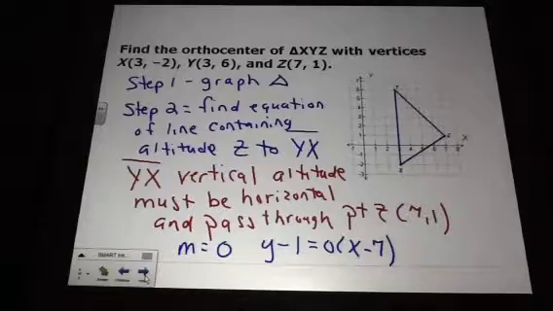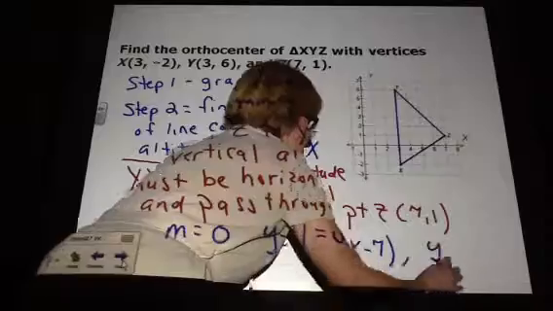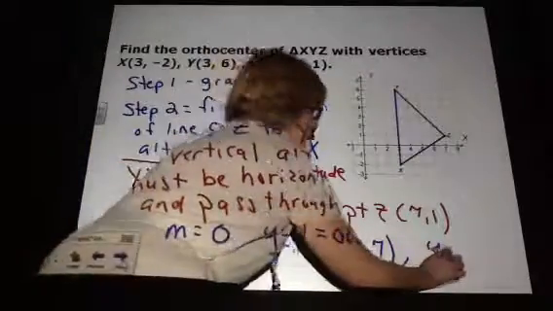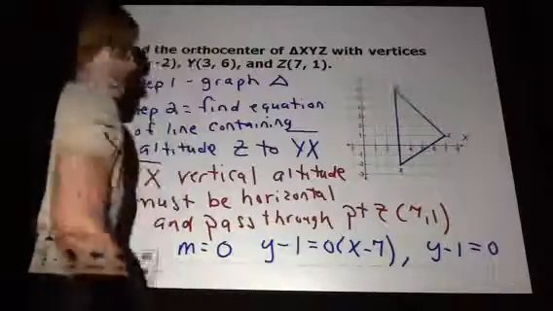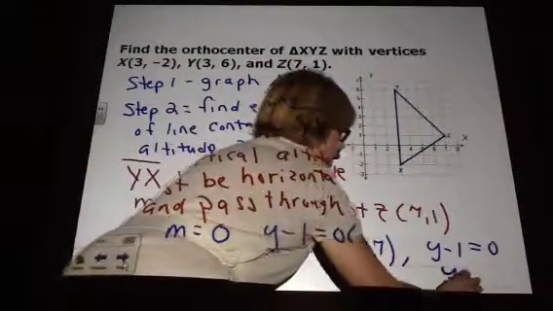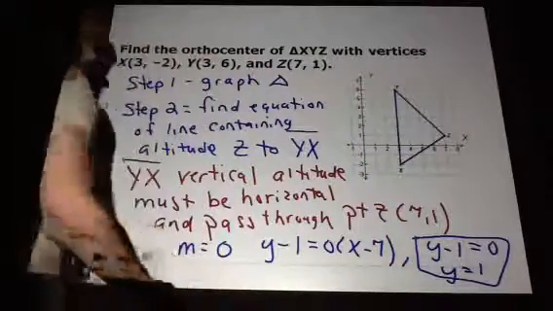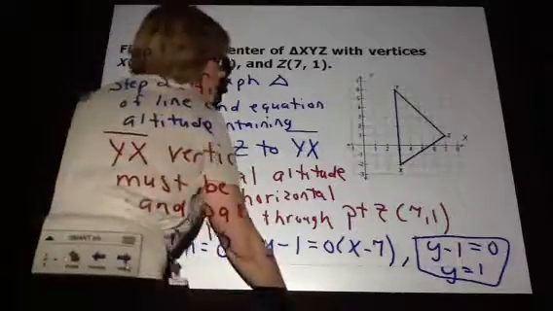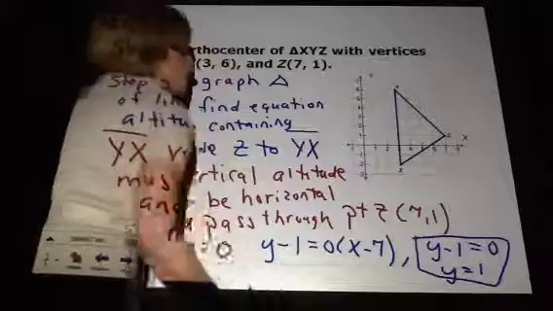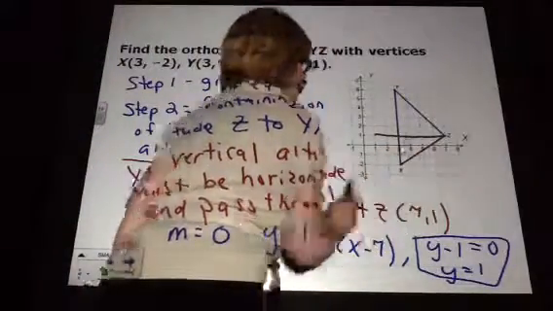Okay, let's clean this up. 0 times x minus 7 is going to give us y minus 1 equals 0, so y equals 1. Okay, so y equals 1, that's going to be right here.